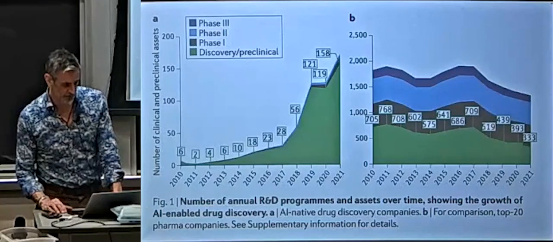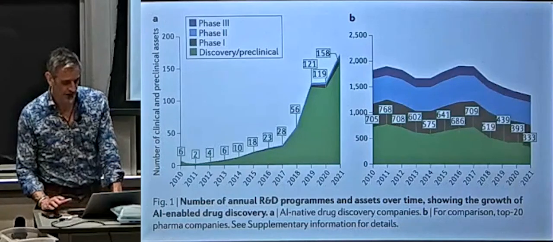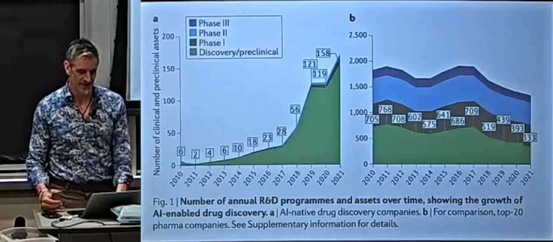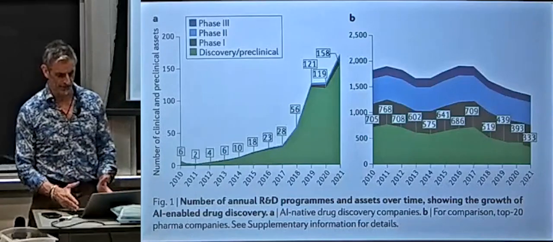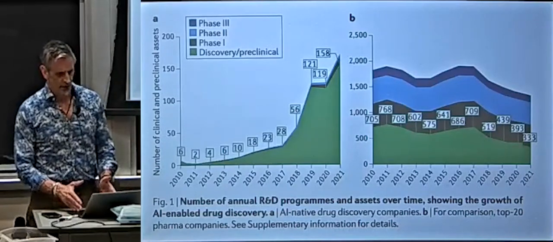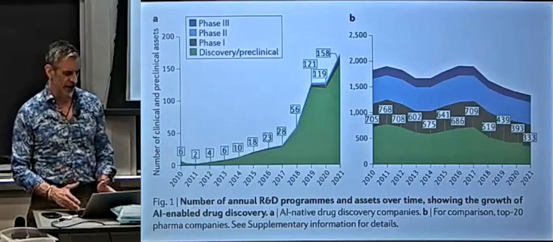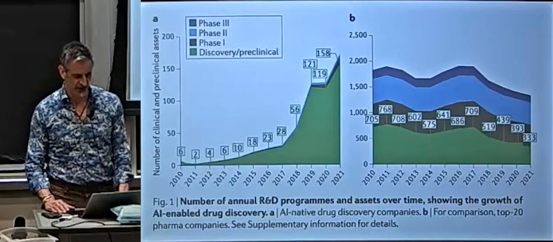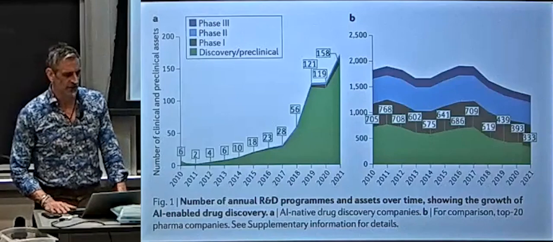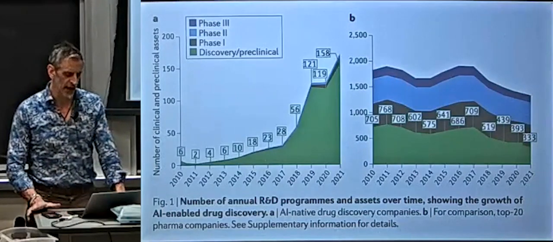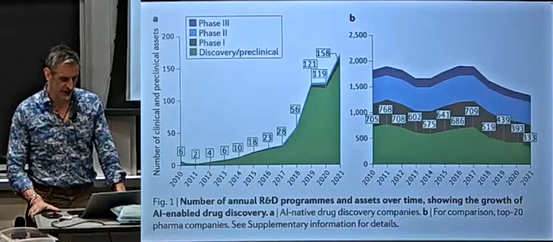And this is from a paper in Nature a few years ago, looking at the progress that AI-enabled drug discovery is making. On the left, you see mostly startup companies that are doing AI-enabled drug discovery.